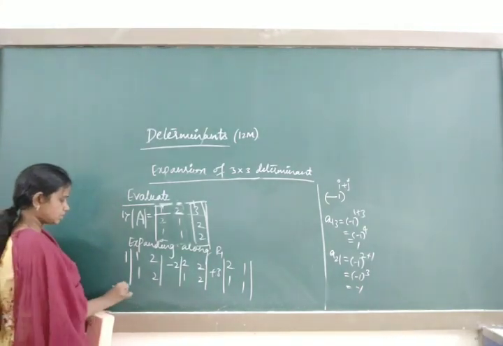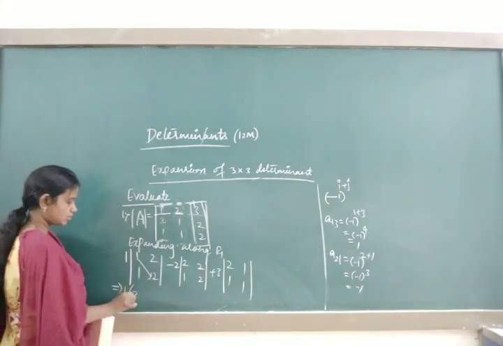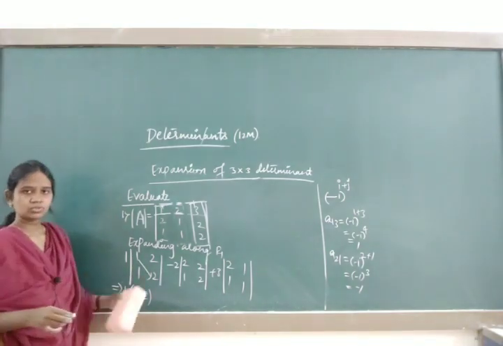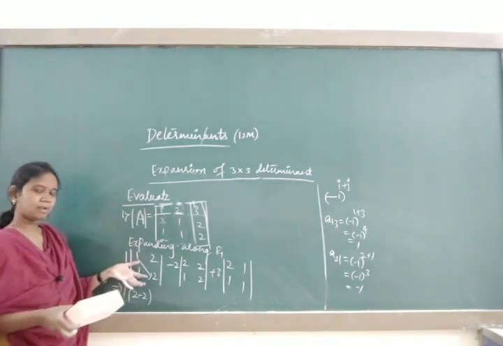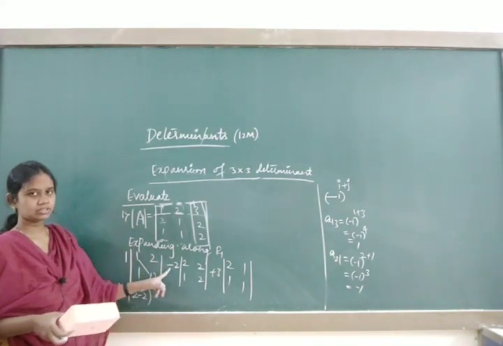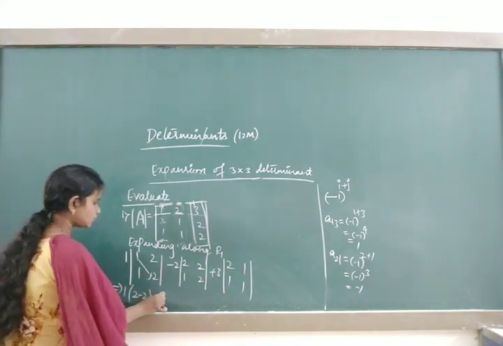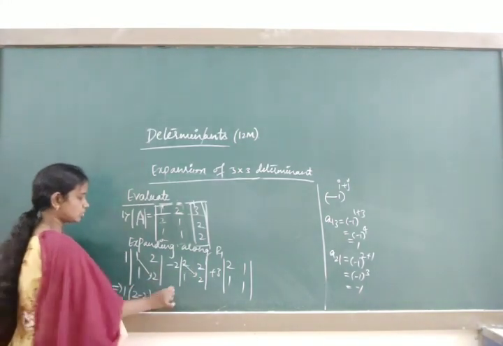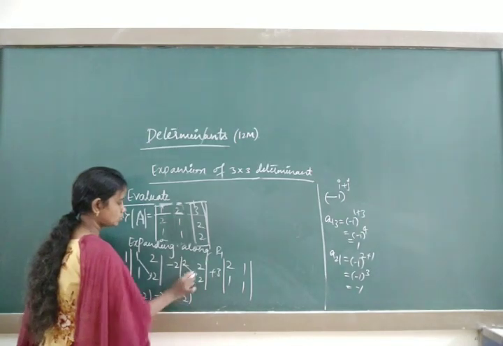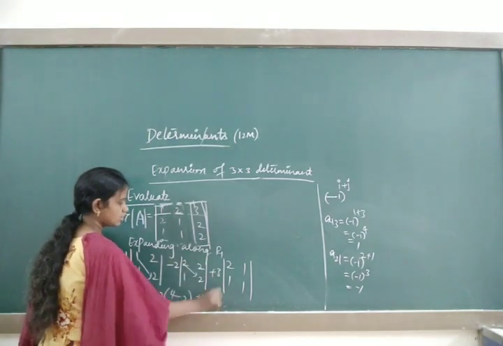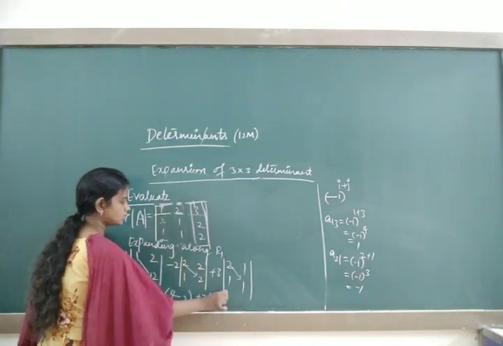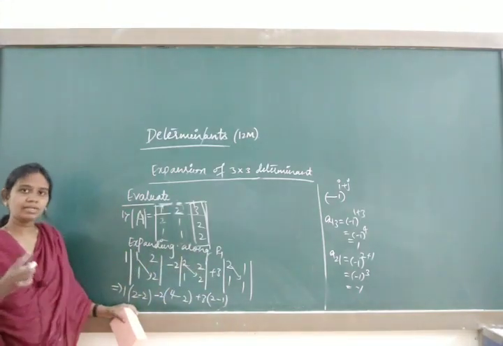So now this implies 1 multiply 1 2s are 2 minus 2. So you know the 2 cross 2 expansion. Multiply the primary diagonal minus secondary diagonal. Minus 2 of 2 2s are 4, 4 minus 2, plus 3. This is 2 1s are 2 minus 1. While moving to the secondary diagonal, take minus.